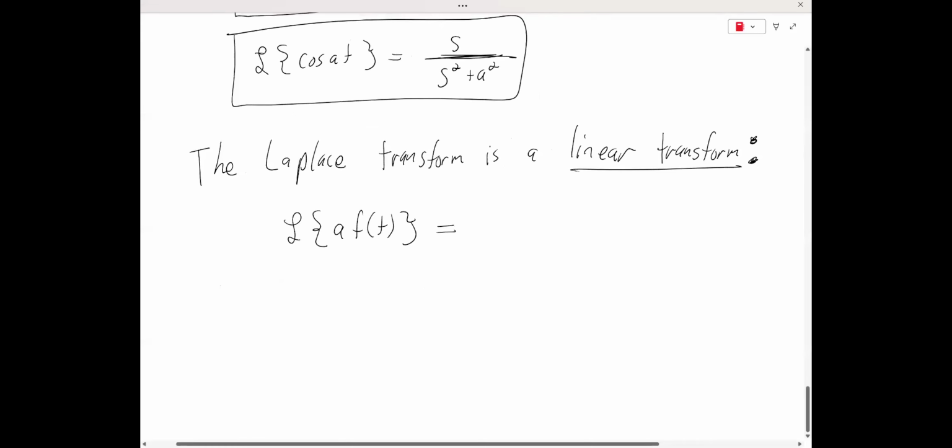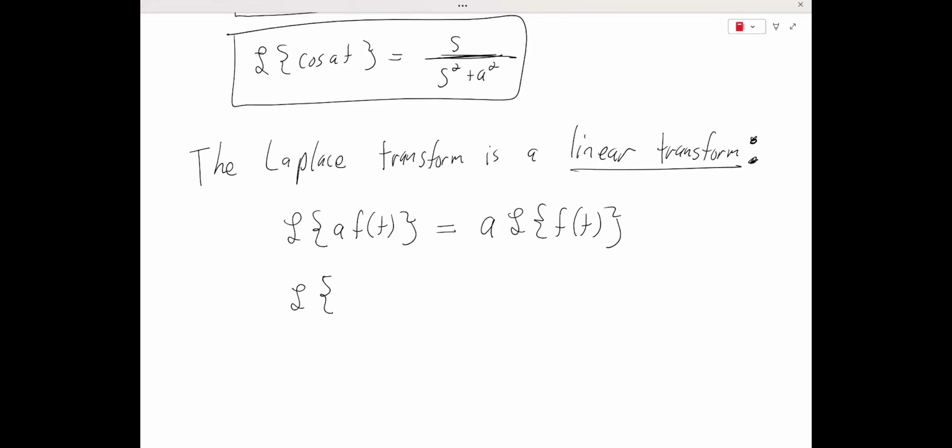So say that the Laplace of a times f of t, like this. Okay, you take the a out. So there's this property here. And then the other part of linearity here would be this. If you have, say, the Laplace of a sum of two things, like the Laplace of a sum, that's the same as the sum of the Laplaces.